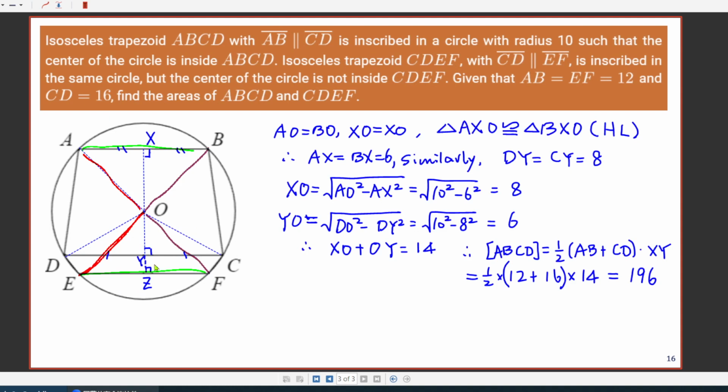Then we have triangles. Again, I'm not going to write all of the statements here. So we can prove triangle AOB is congruent to triangle EOF by SSS, right? And therefore the altitude from O to AB should also equal the altitude to EF, right?